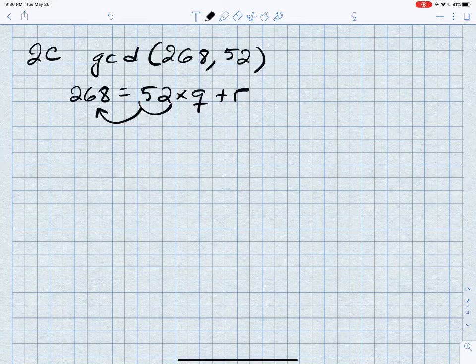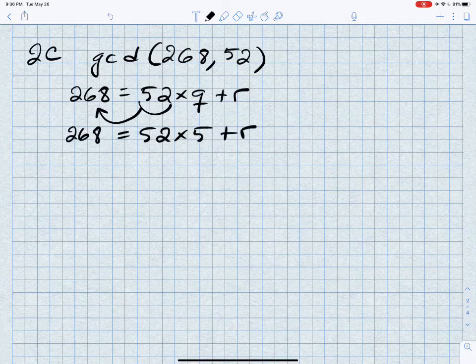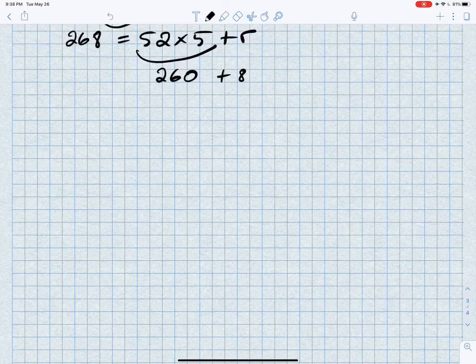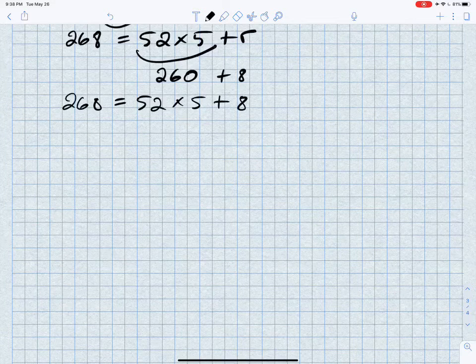So we have that 268 is equal to 52 times 5 plus some remainder. 52 times 5 is 260. So how much further do we need to go? Well, we need to go 8 more to reach 268. So we have that 268 is equal to 52 times 5 plus 8.